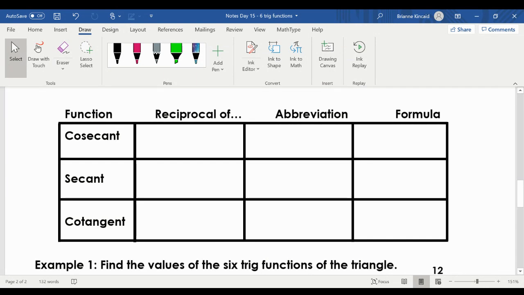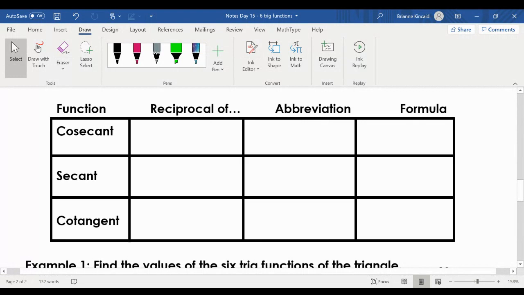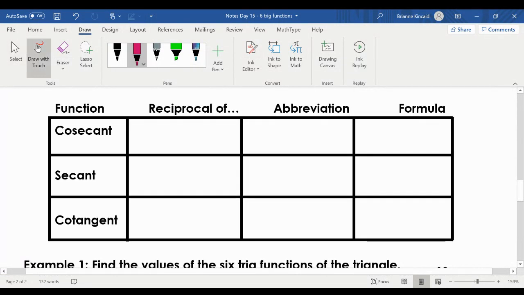All right, so our reciprocal functions. Cosecant is the reciprocal of sine. Our abbreviation is CSC. Now think back to the word SOHCAHTOA. Sine is O over H. So for the reciprocal, you flip them. It's going to be H over O, hypotenuse over the opposite.